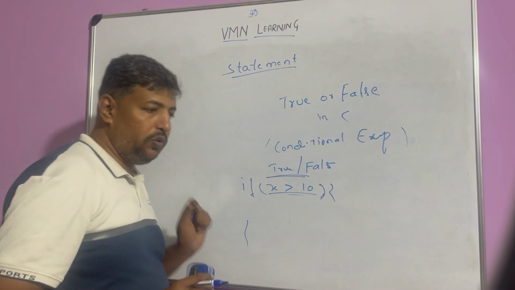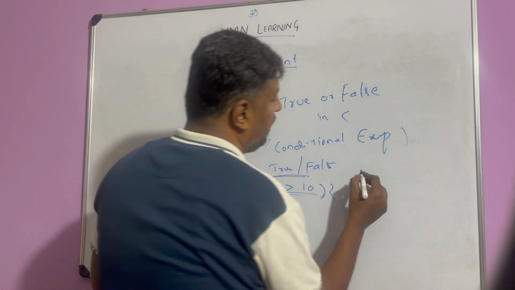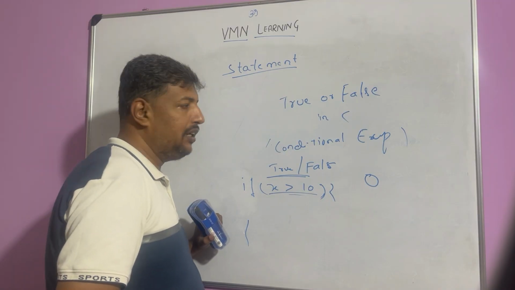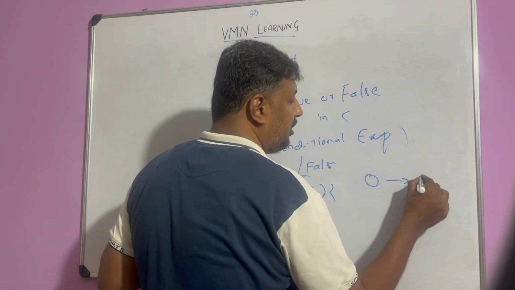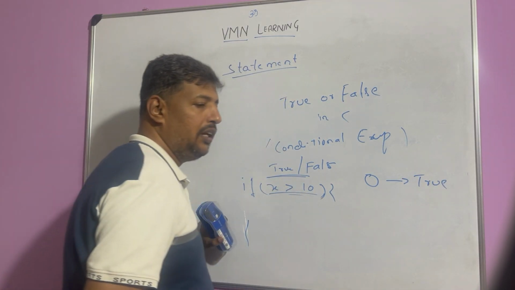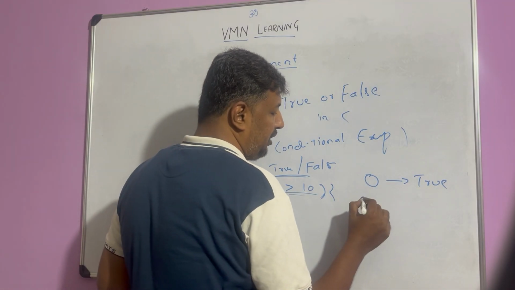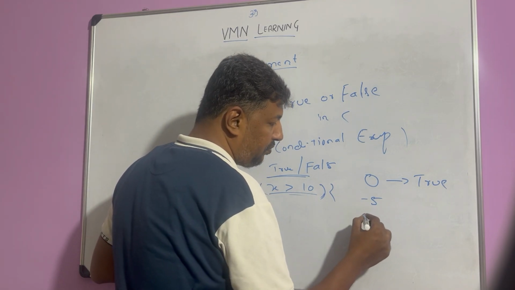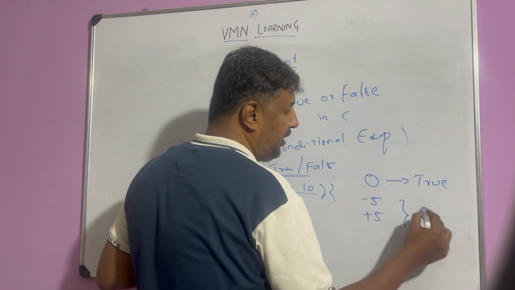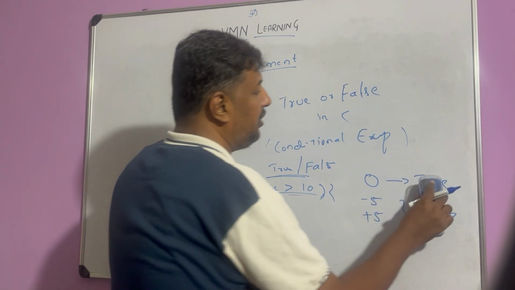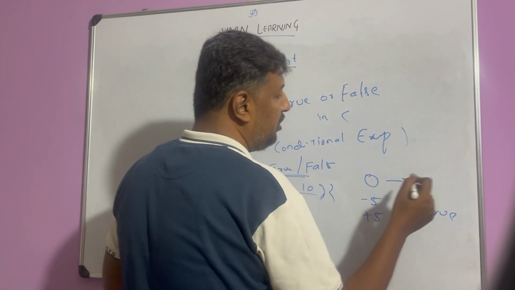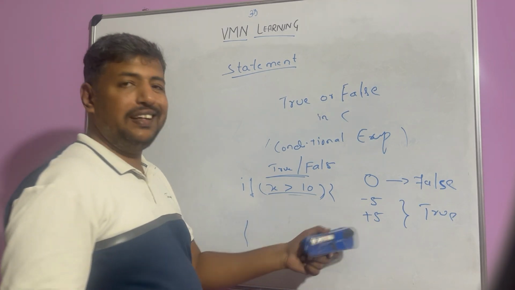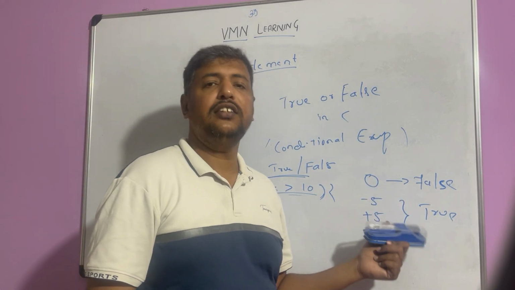So in C, the value 0 is considered as false, and any positive or negative value like 5 or minus 5, both are considered as true. 0 is considered as false, and any positive or negative numbers, any integers, are considered as true.